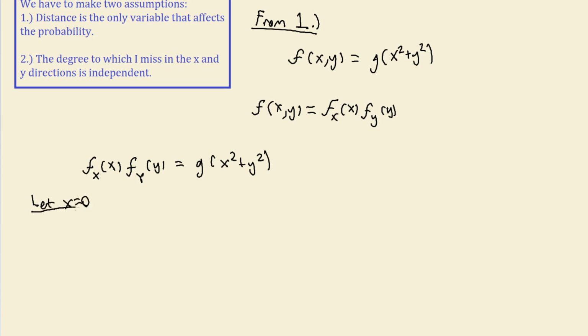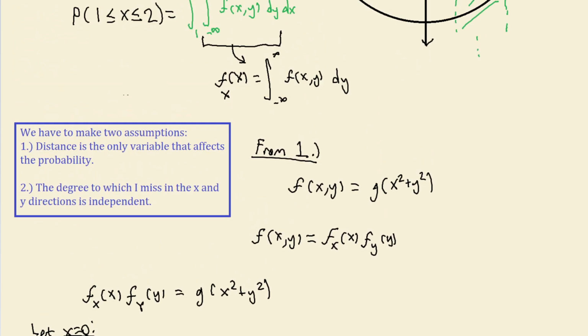And what's going to happen in this situation? Well, on the left side, we have the marginal probability density function of x evaluated at x. And so what's that going to give us? Well, if we look back at our equation, this is what we have for our marginal probability density function for x. We're integrating over all real numbers some function involving x and y with respect to y. And so there's only two possibilities that could occur here.